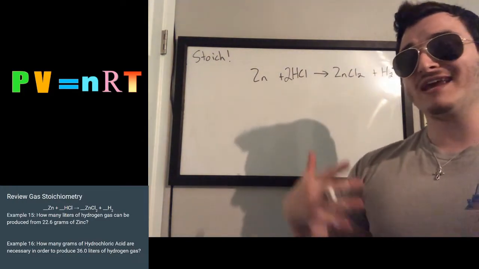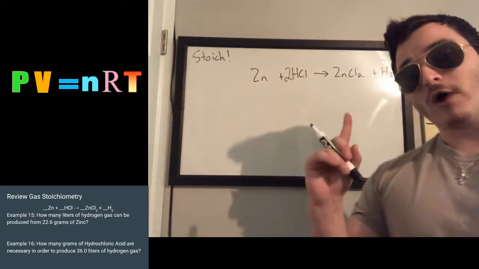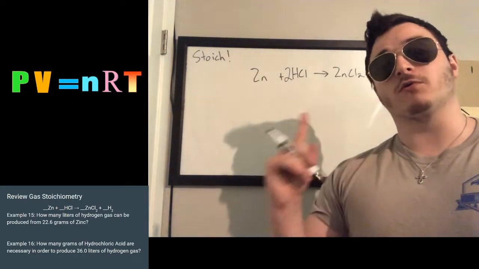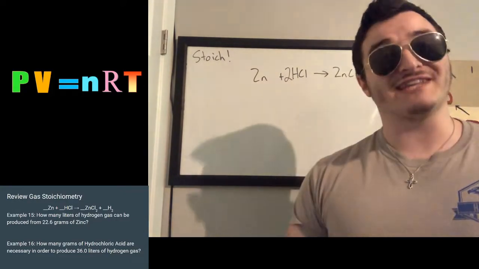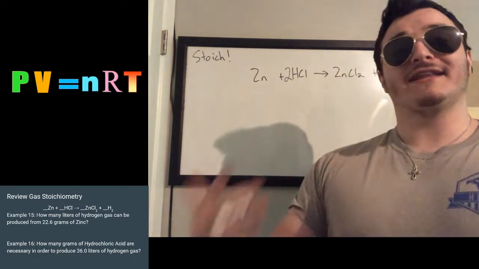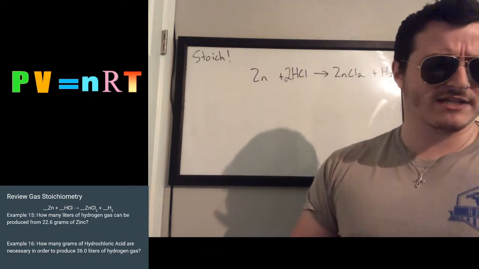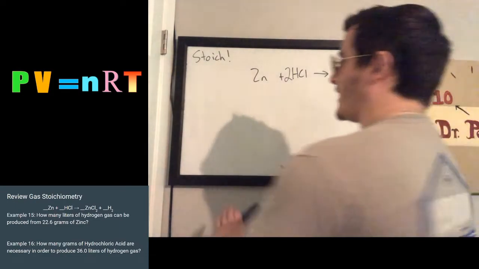If it's at STP, then it's just like we solved these problems way back when, because 1 mole of any gas will always occupy 22.4 liters at STP. But as soon as you start changing the temperature and pressure, that's no longer the case. So the question is, how many liters of hydrogen gas can be produced from 22.6 grams of zinc?